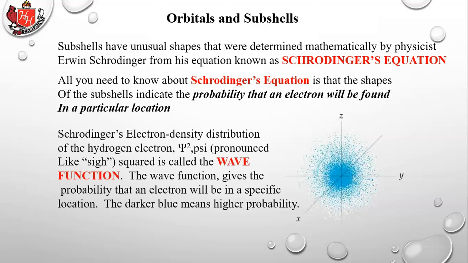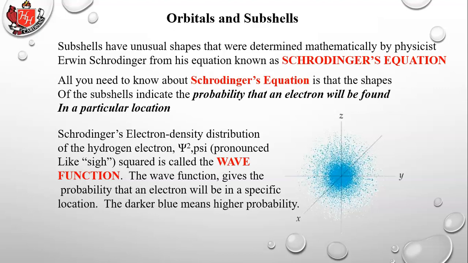So Schrödinger's equation gives the electron density distribution of the hydrogen electron, and that is called psi squared, the wave function. The wave function gives the probability that an electron will be in a specific location. Darker blue means higher probability. So there's an example of an s orbital. It could be a 1s, a 2s, a 3s. The s orbitals are spherical in shape.